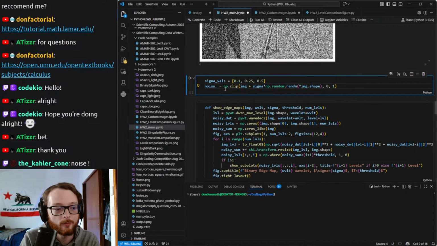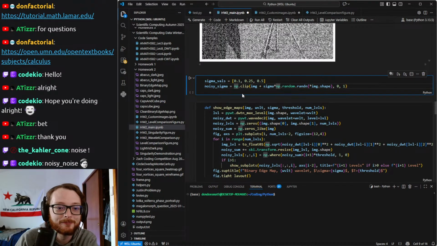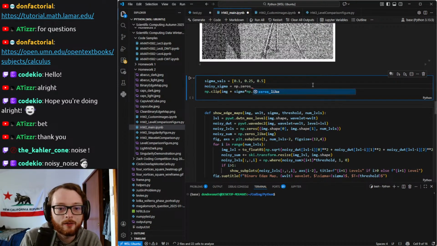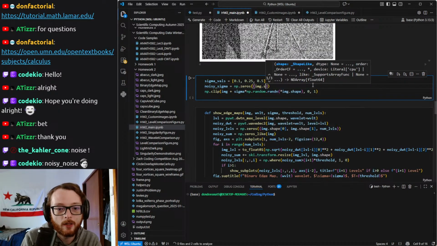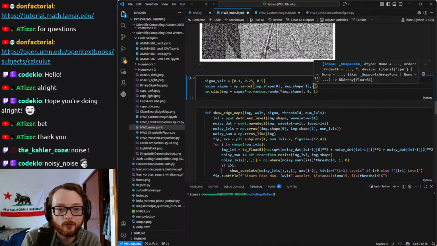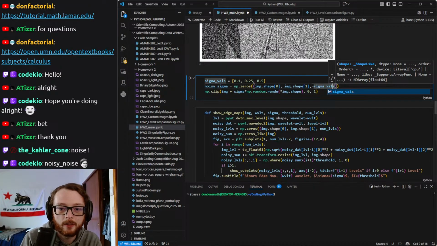I don't know what to name this variable. Noisy sigma, why not? np.zeros, img.shape 0, img.shape 1. I think there should be a better way to do it than this, but this is the way I'm doing it. Sigma vals, length sigma vals.